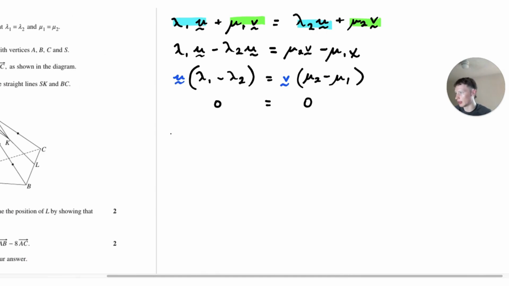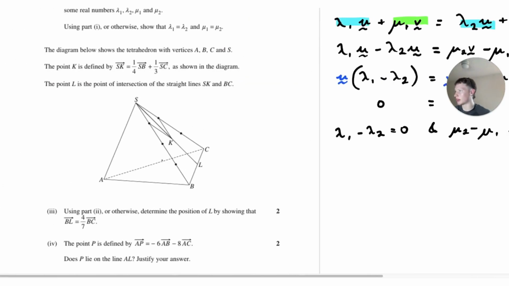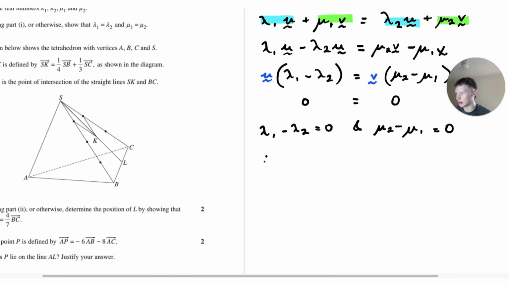Meaning that lambda 1 minus lambda 2 has to equal 0, and mu 2 minus mu 1 has to equal 0. Therefore, we can prove our statement that lambda 1 has to equal lambda 2, and mu 2 has to equal mu 1.